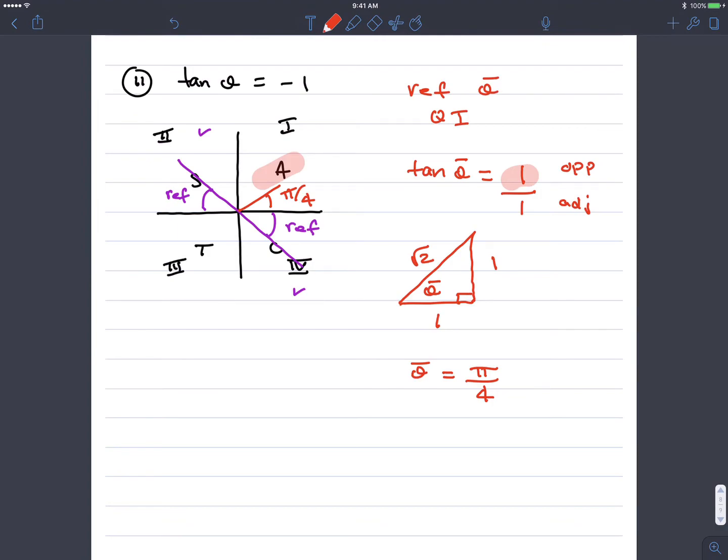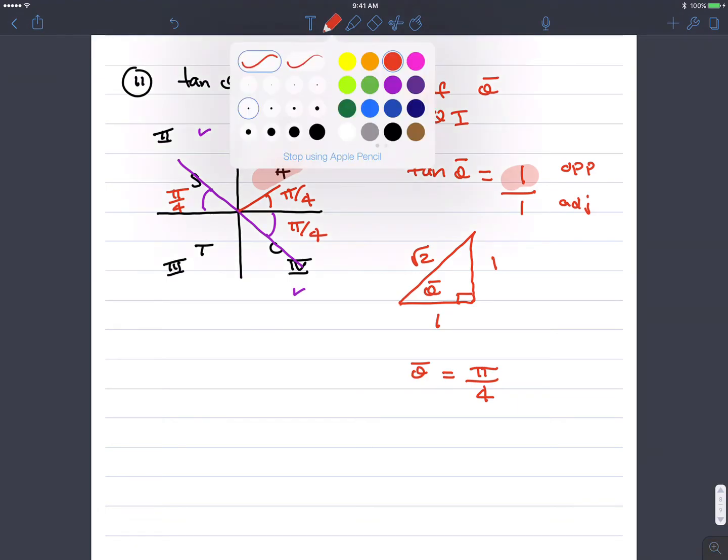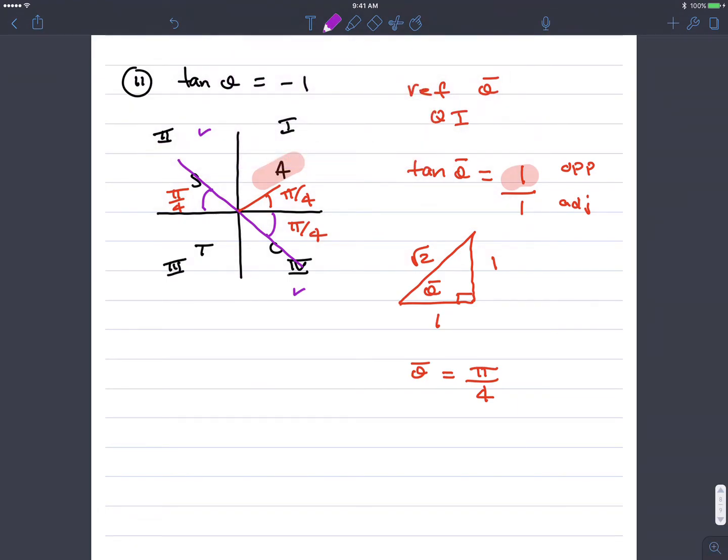Okay? Now that angle, I'm going to erase this here. Pi over 4. Similar here. My reference is pi over 4. And I'm now able to deduce my angles. So the first angle here will be a quadrant 2 angle.